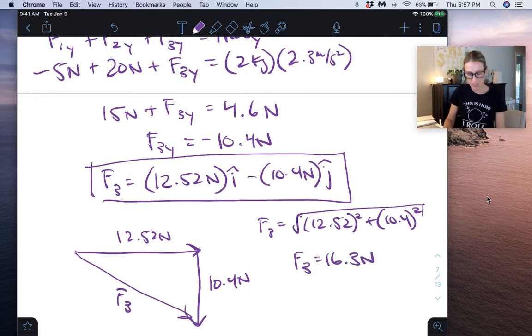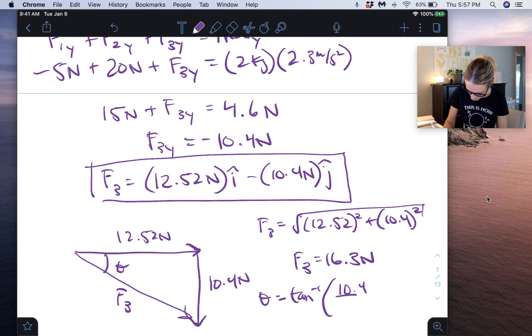So that's our force. And then our angle will be the inverse tangent of 10.4 divided by 12.52, which is 39.7 degrees.